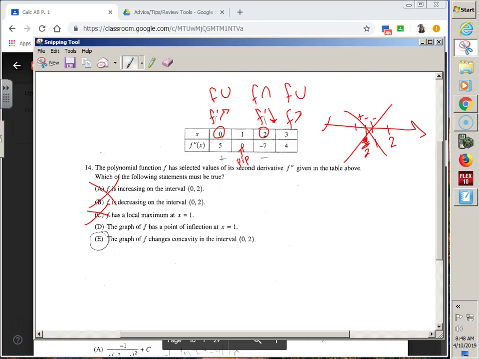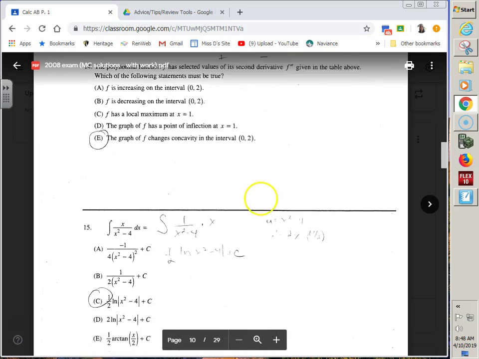All I know is there's a pip, and somewhere there's a positive here, and somewhere there's a negative there. I don't know for sure that 1 is the point of inflection, but I do know somehow there has to be a concavity change somewhere. I can't tell you where. All I know is very loose information, but it's enough to say somewhere there's a change in concavity. I just don't know exactly where.